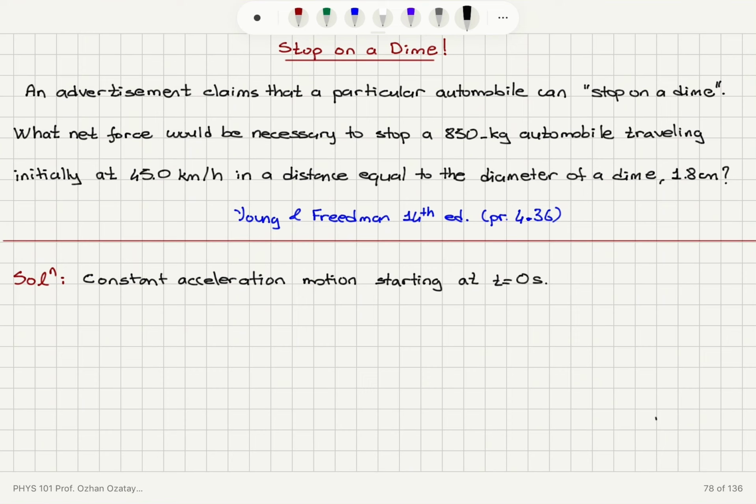And this constant acceleration will be equal to the change in the velocity, delta v, divided by delta t.